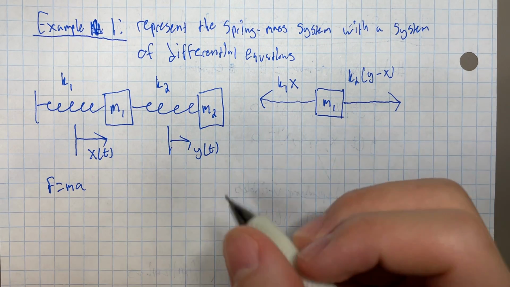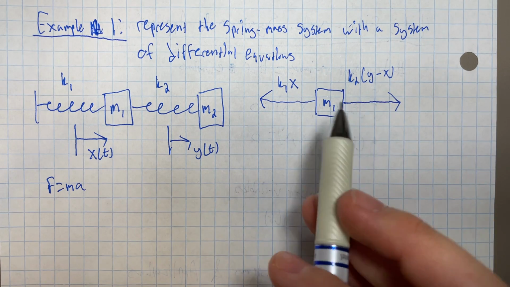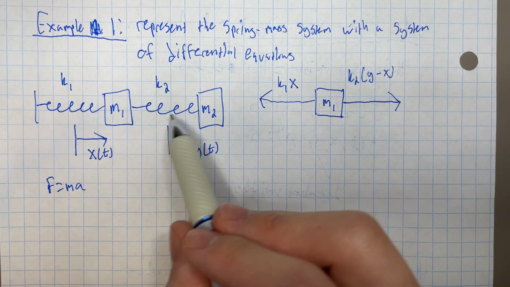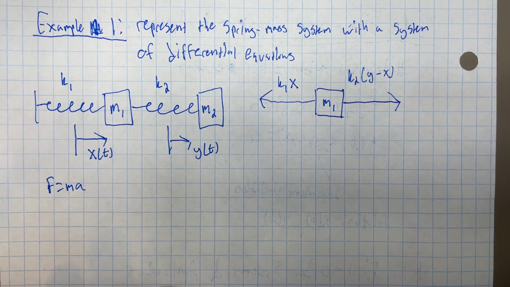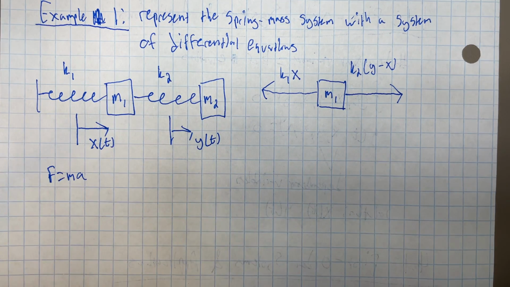Because if you imagine mass 2 is pulled really far this way, the force actually could be 0 if mass 1 is pulled the same distance that way. So this spring is completely in equilibrium, whereas this spring is where all the force is.